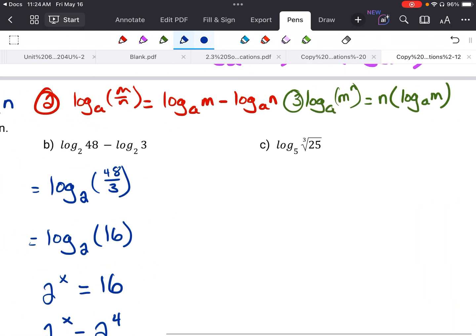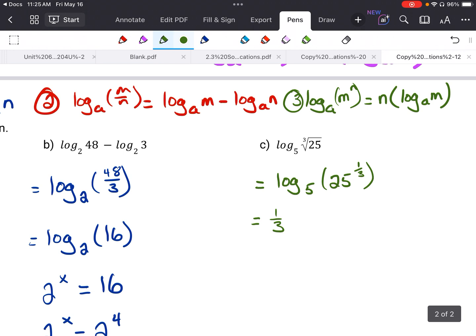Okay, and now we have an exponent. Let's go green here. So we have log base 5, and the cube root of something is really an exponent of 1 over 3. Okay, so using our law, that's the n part, so the n is going to come in front, and log base 5 of 25.